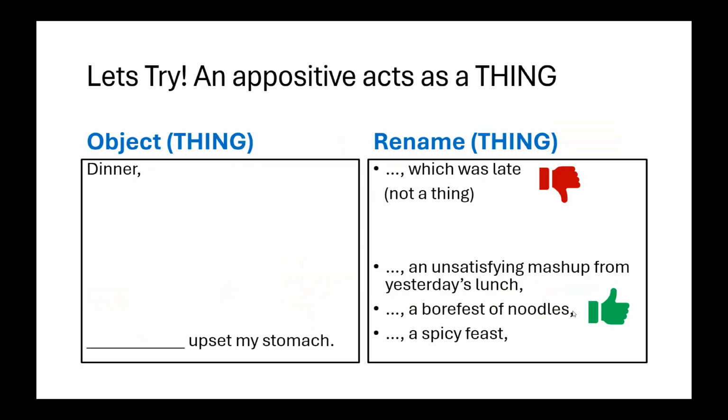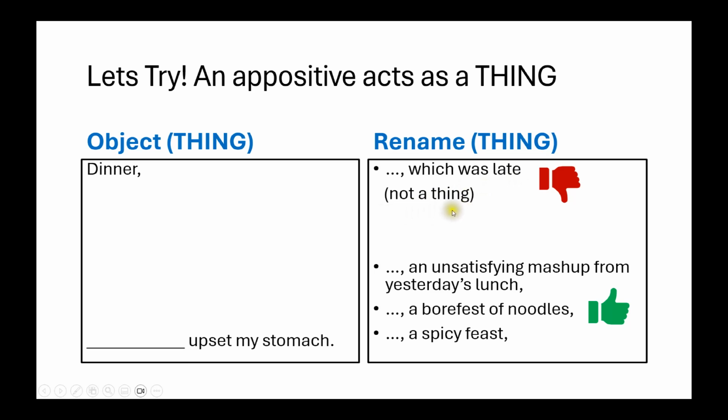All right, let's try remembering that an appositive acts as a thing. So if my sentence is "Dinner upset my stomach," then we're going to insert an appositive. What could we do? Well, if I say "dinner, which was late," notice that that's a description of when that dinner arrives.